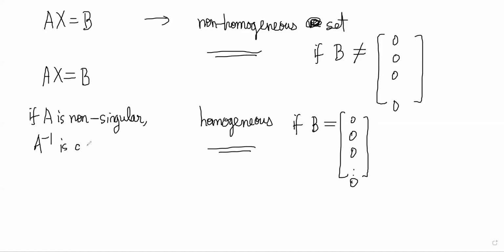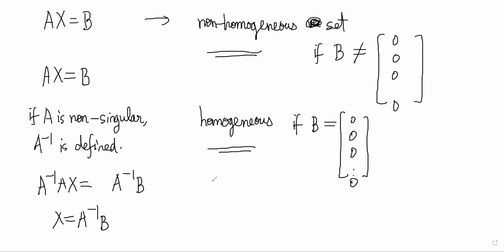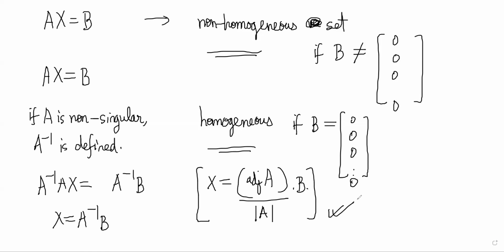A inverse is defined, and what you get is A inverse A X is A inverse B. Therefore X is equal to A inverse B. Therefore X can be written as adjoint of A divided by det of A times B. So that becomes your solution for the system of equations. The solution is valid if A is non-singular, right?